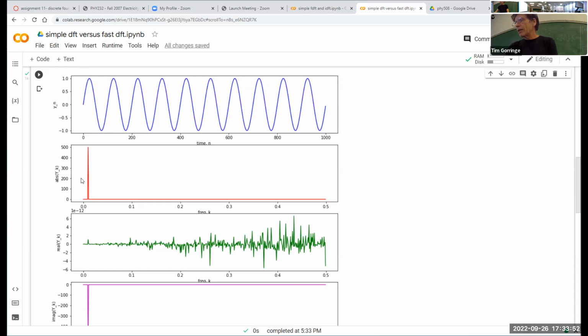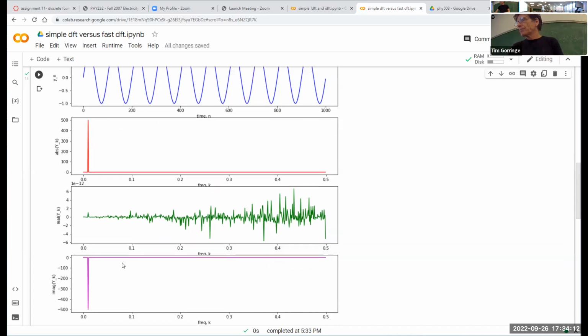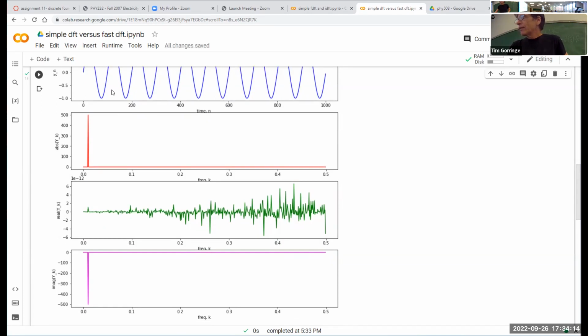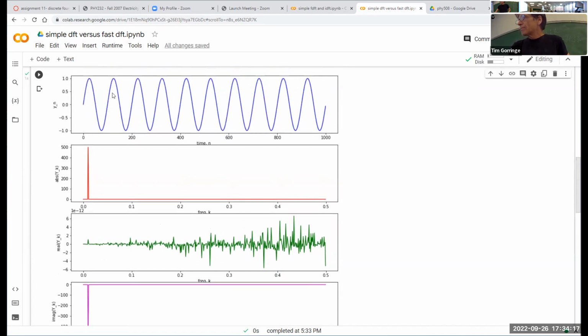And now I've got the data in the frequency domain where I'm plotting firstly in red the absolute value of that array uppercase Y in the frequency domain. Then I'm going to plot its real and its imaginary components. So this data here, if I look in the frequency domain, I've got this sharp spike here.